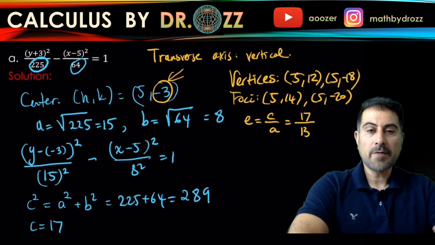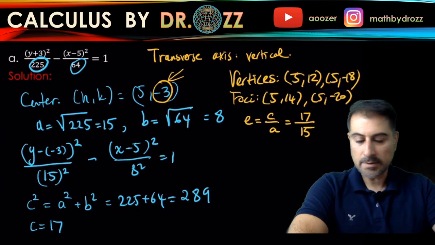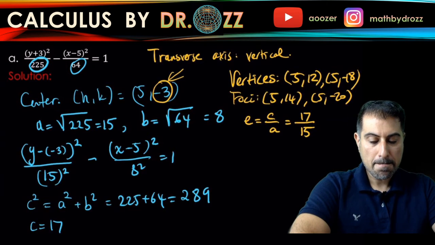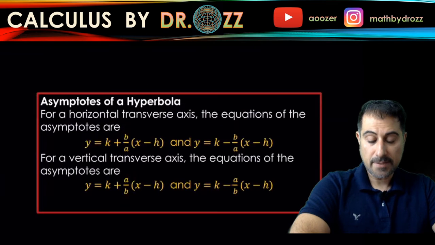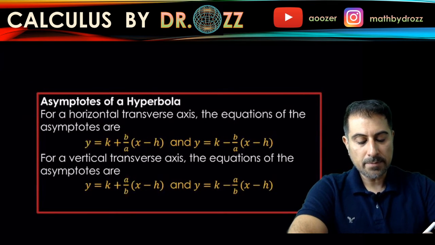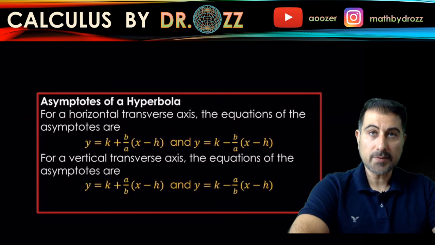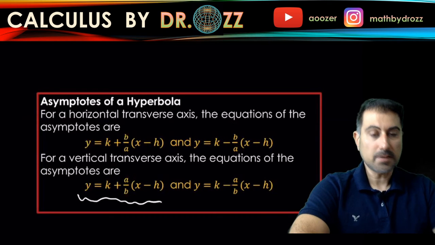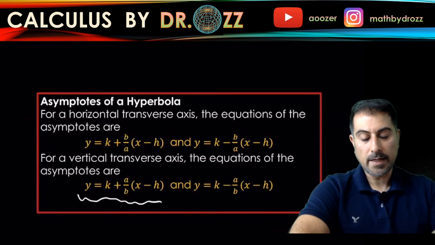All right, so now I'm going to take you back to the table where we have the asymptotes listed. So we have a vertical transverse axis. I'm going to grab these two: y equals k plus a over b times x minus h, and k minus a over b times x minus h.